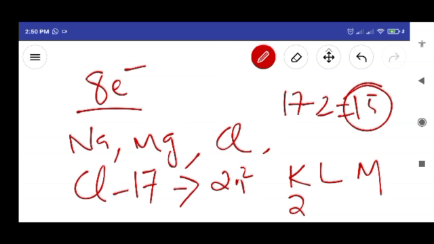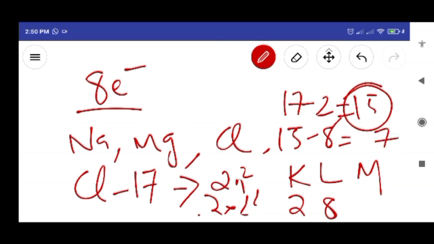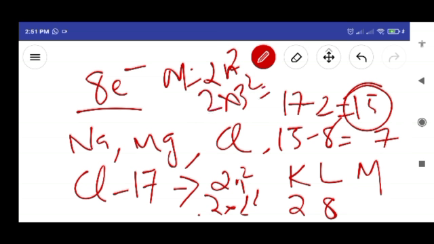So in the L shell, how many electrons can be accommodated? 2 into 2 square, that is 2 square is 4, into 2, 8. So 15 minus 8, 7 electrons are left. In the M shell, 2 into n square, n square is 3 square, so 2 into 9, 18.